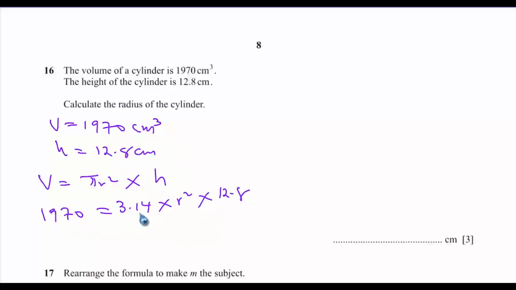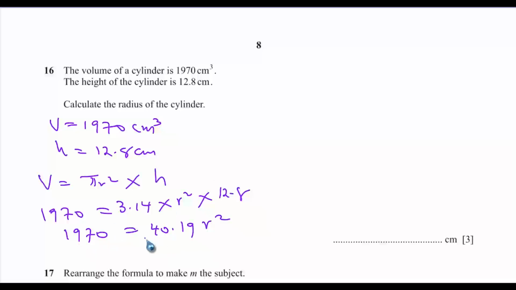So if you multiply 3.14 by 12.8, you will get 40.192. So that means we have 1970 to be equals to 40.192 times the radius squared.